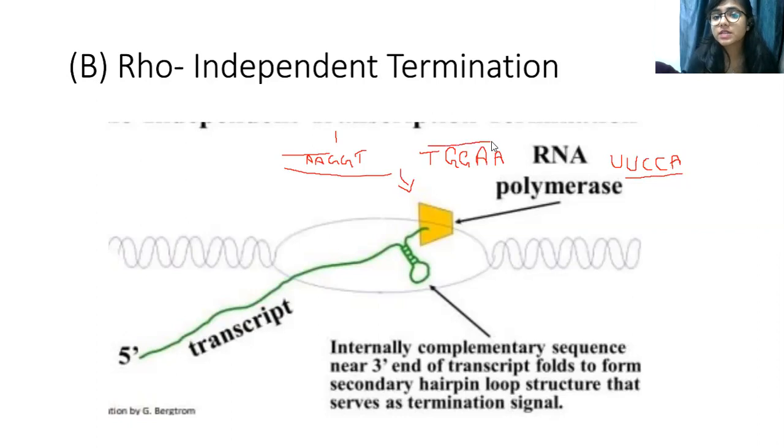Here what will you get? A, C, U. Am I right? Yeah.